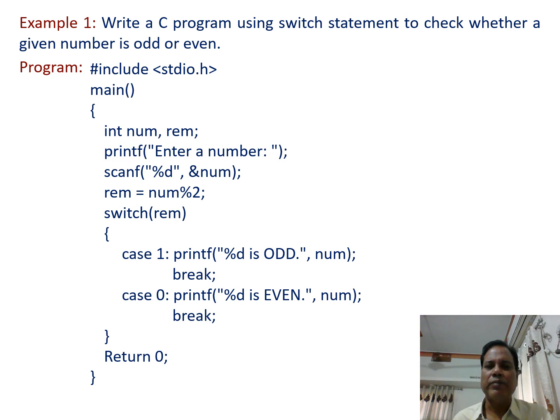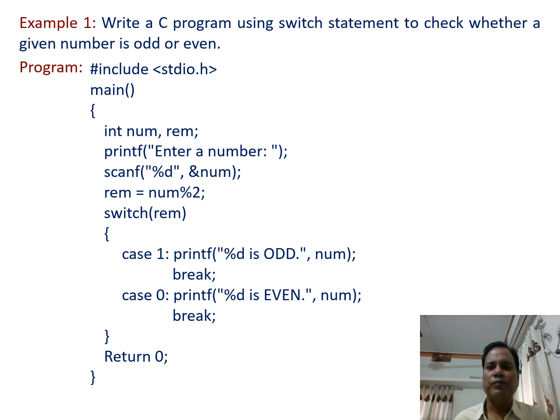The next statement is rem equal to num modulo 2. Num modulo 2 gives the remainder after dividing the number by 2. So this remainder may either be 0 or 1. That is assigned to the variable rem. Now in the switch statement, the value of the rem variable is checked with the number of cases mentioned in the switch statement.